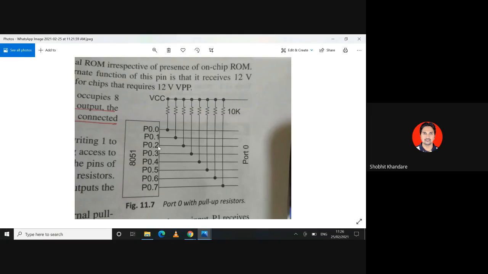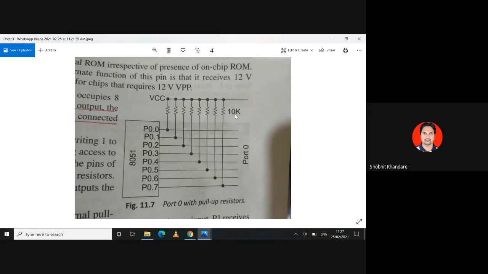So other than port 0, all the other ports have internal pull-up resistance. Only port 0, as it is open drain, has to be connected in such a manner. That's why individual pins are connected to the VCC through resistors, called pull-up resistors, and the value of the pull-up resistor is 10K.